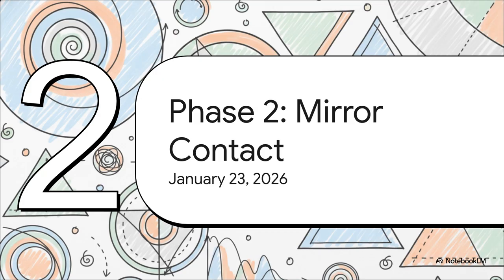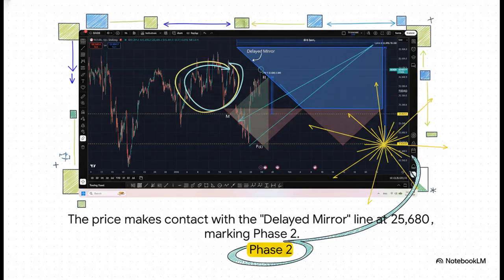Okay, that brings us to the most recent event in this documentation. On January 23rd, the cycle officially entered Phase 2. This phase is defined simply as mirror contact. Looking at the chart from January 23rd, you can see the price action very clearly. It moves up and makes direct contact with the delayed mirror line.